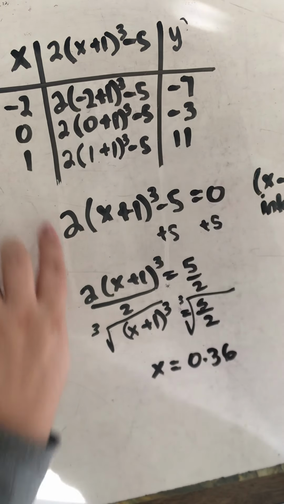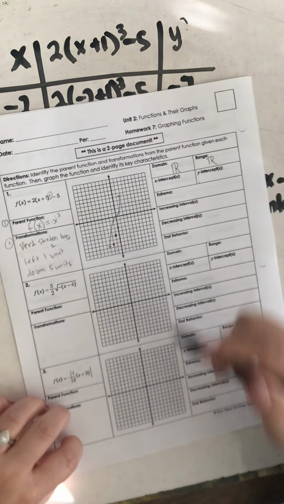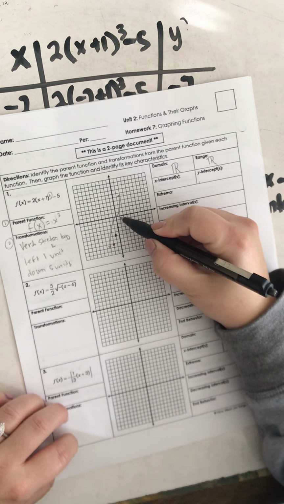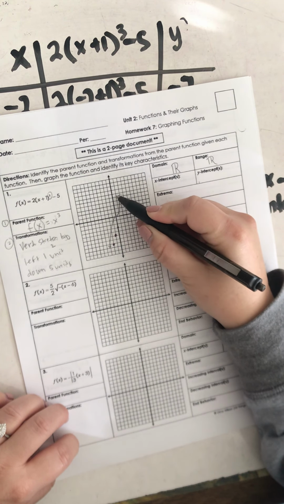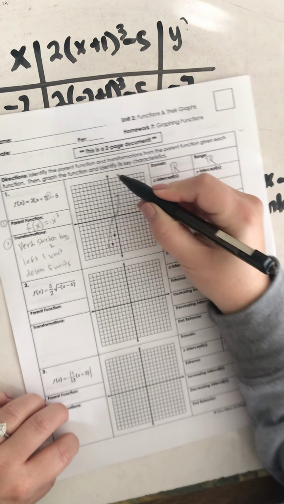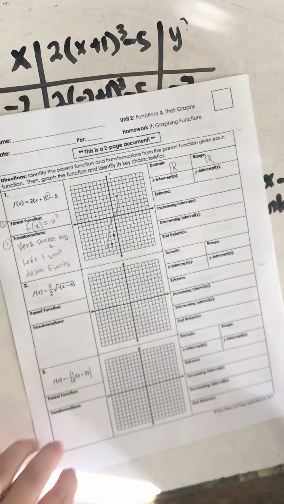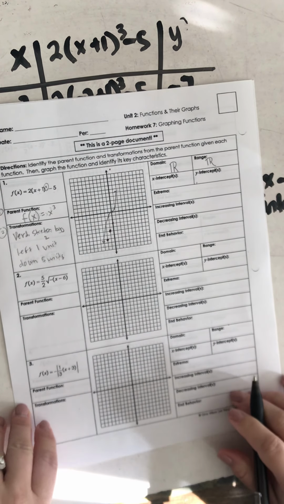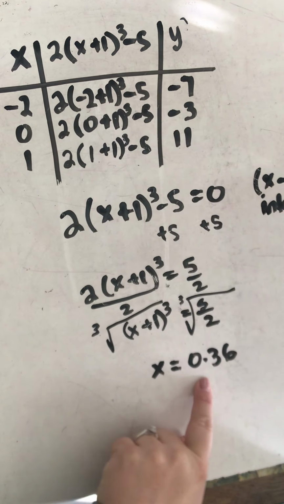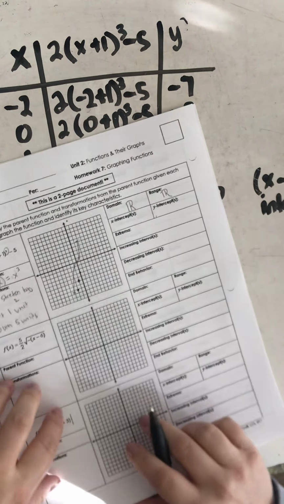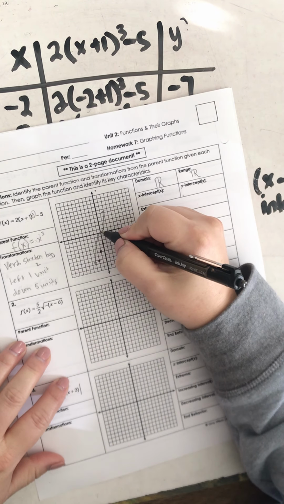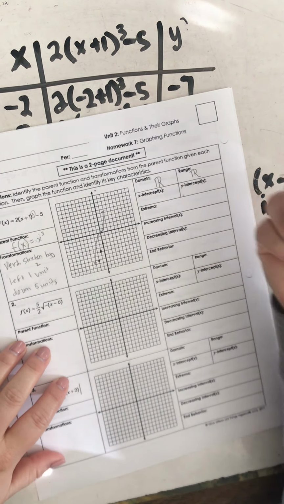And then I have a 1, 11, way up there. So it's going to go past this graph, okay? And then I have an x-intercept at 0.36, which is approximately here.